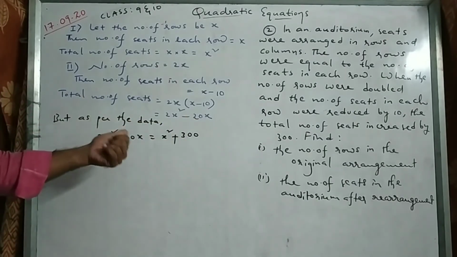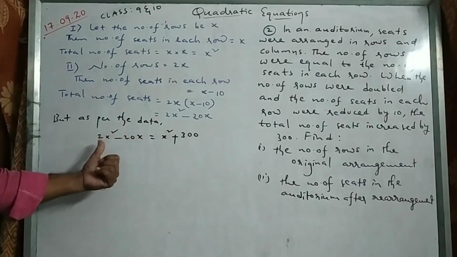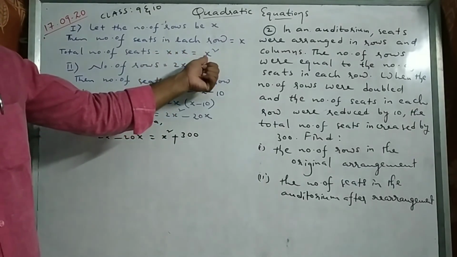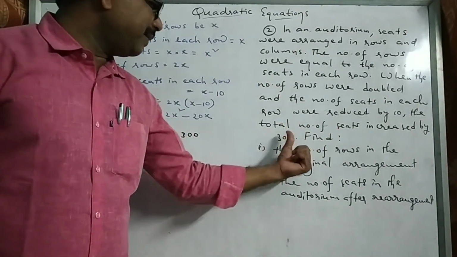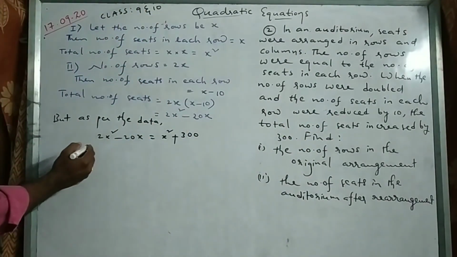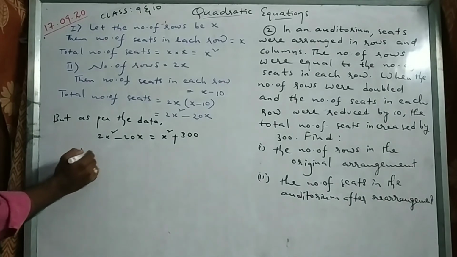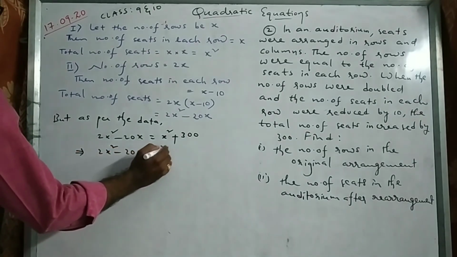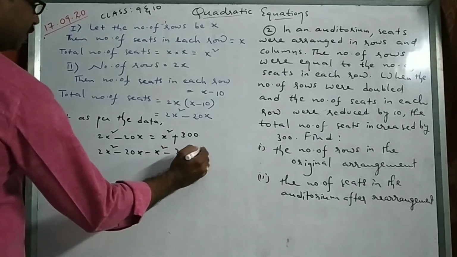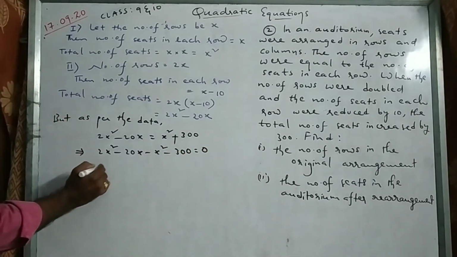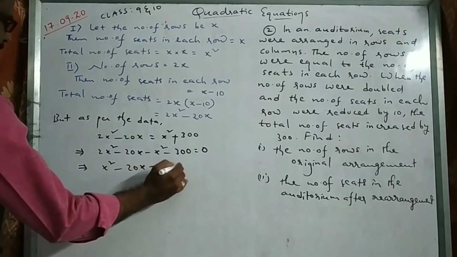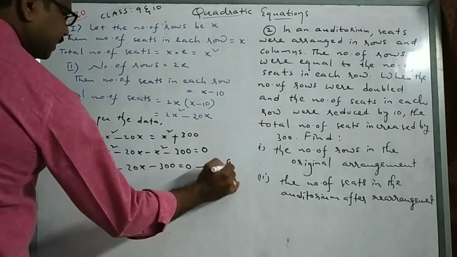So, after doing this action, that is equal to, previously how many seats are there? x square. Increased by 300, so plus 300. Now bring those to this side. 2x square minus 20x minus x square minus 300 equal to 0. So 2x square minus x square minus 20x. So equation 1.